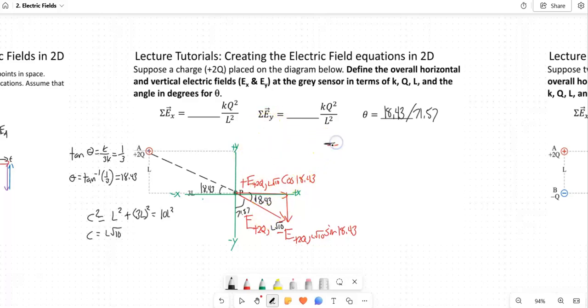Continuing on, we're going to be summing the electric field in the x direction, which this is the electric field in the x direction. So that's going to be a positive, and that's going to be K times a positive 2Q all over L square root of 10 squared, which is cosine of 18.43.